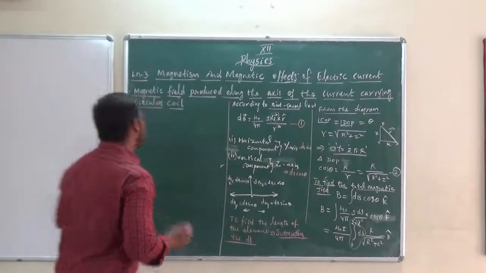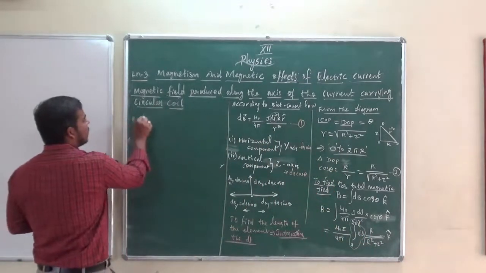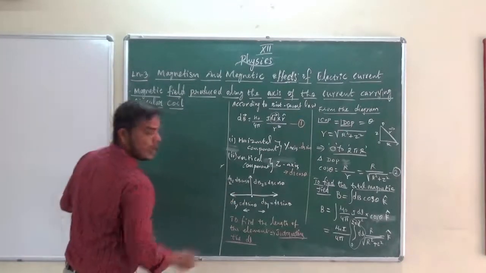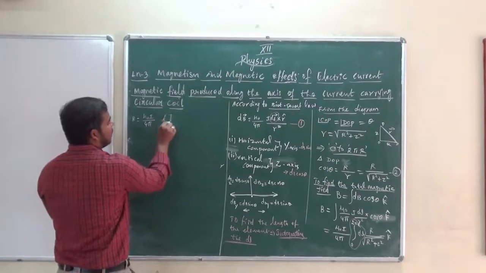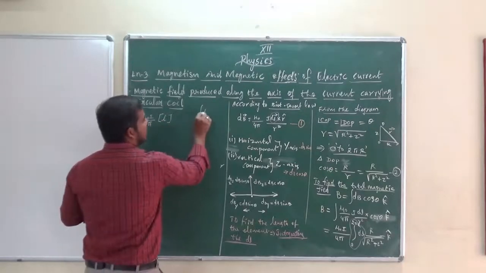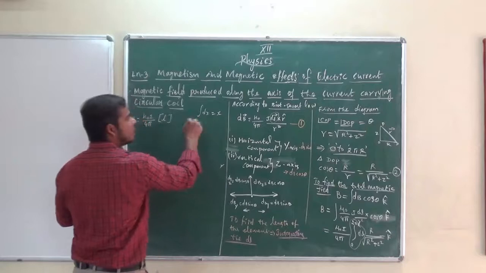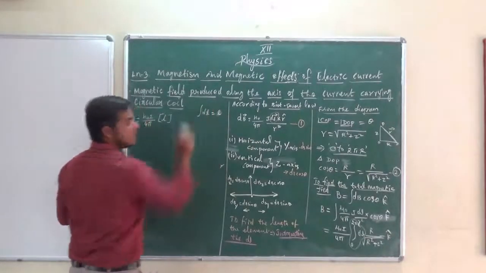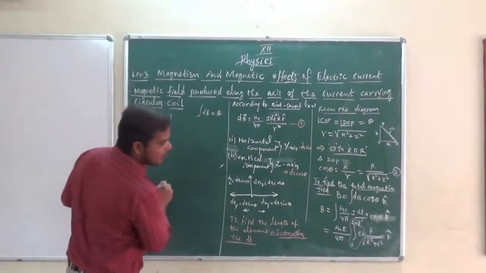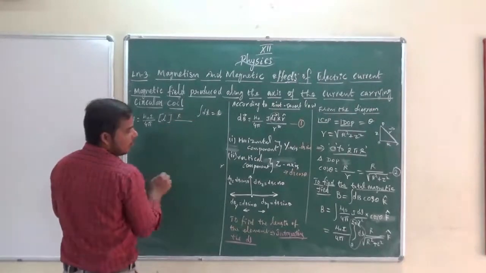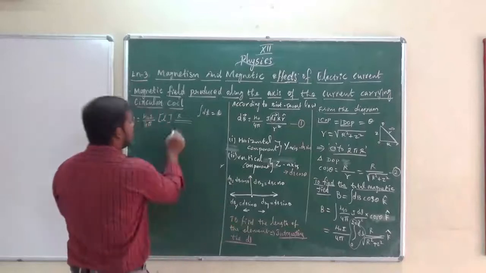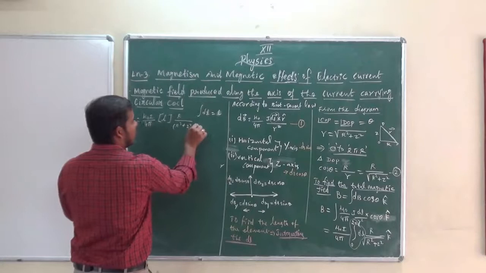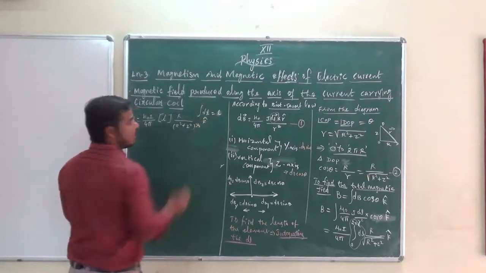So B equals mu naught I divided by 4 pi. If we integrate, we get L, because the integration of dx equals x. So the integration of dl equals L. The rest of the term is r by root of r square plus z square, which for convenience I write as r square plus z square to the power of 1 by 2, into k cap.